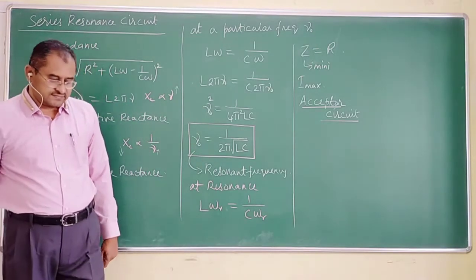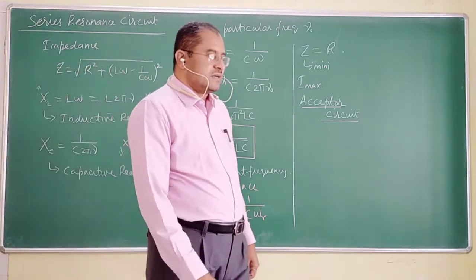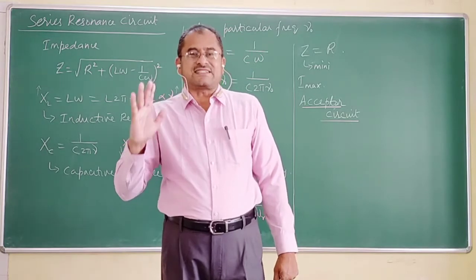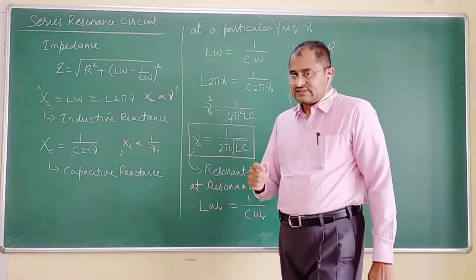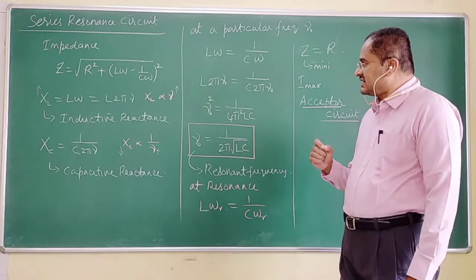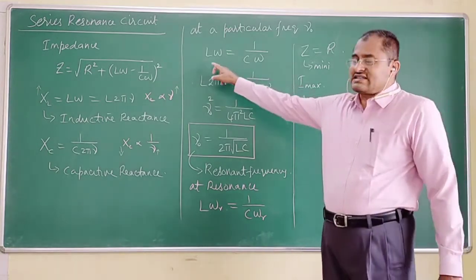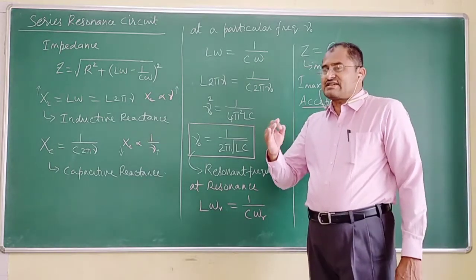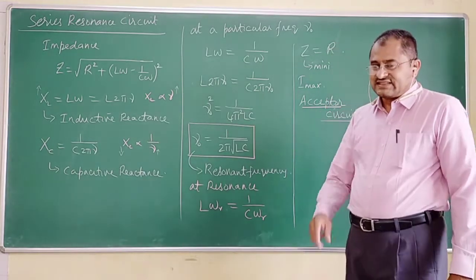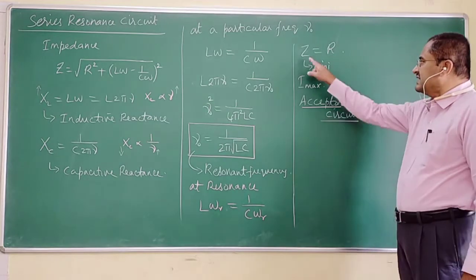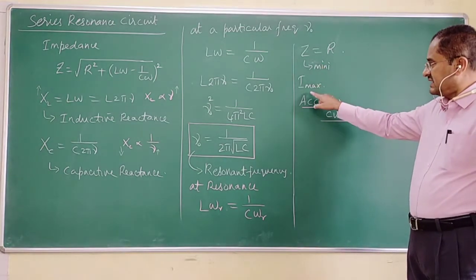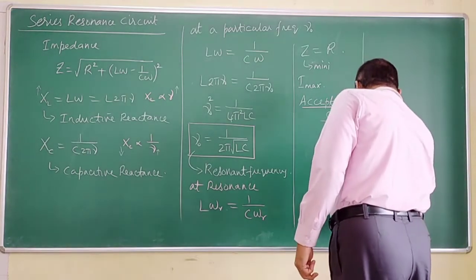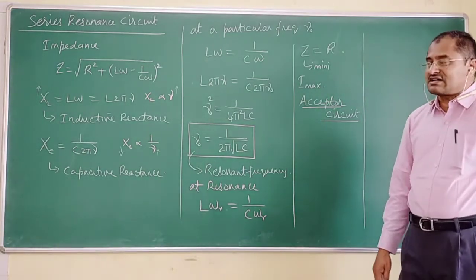That frequency at which inductive reactance becomes equal to capacitive reactance is called the resonant frequency. At resonant frequency, impedance becomes minimum and current becomes maximum. Therefore, the circuit is known as an acceptor circuit.